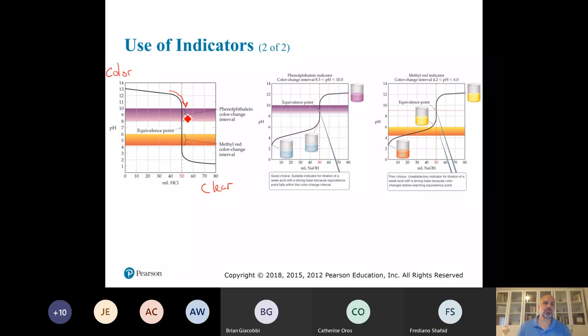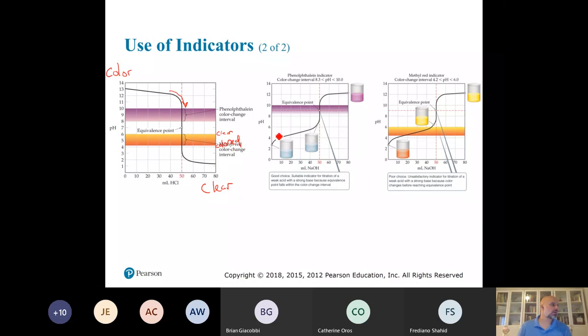With very, very small additions of HCl in this case, the phenolphthalein is going to rapidly change from a dark purple color to clear over this small range. Or conversely, the methyl red is going to go from, I think, clear and then to colored.